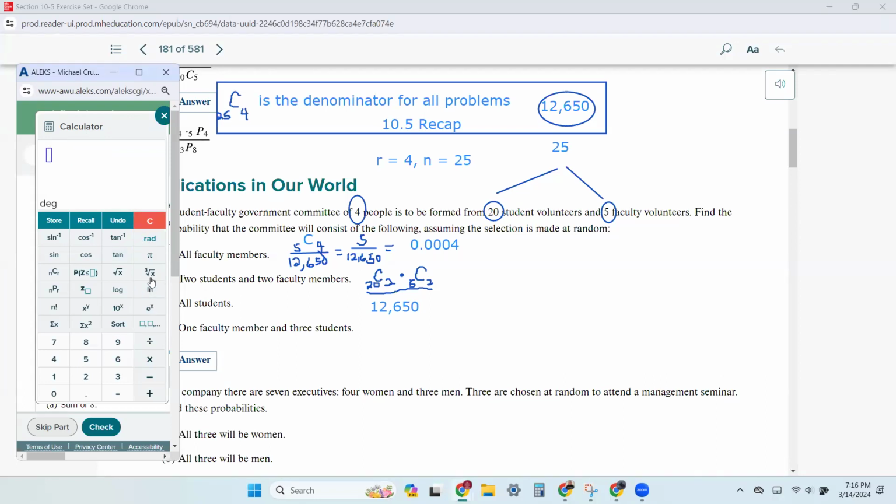And the good thing about the ALEKS calculator is that it's letting us do that. So let's put 20 C2 there. And then I'm going to hit the division and put the 12,650 there now, but I'm going to go back up because I needed to create the fraction.